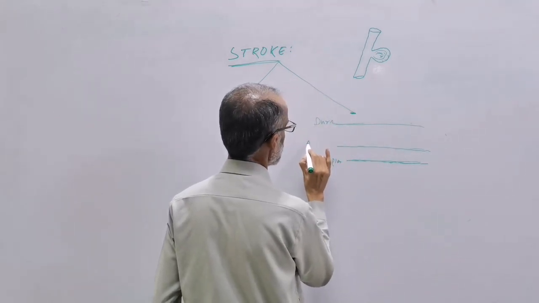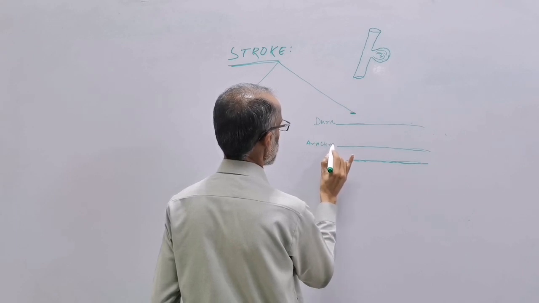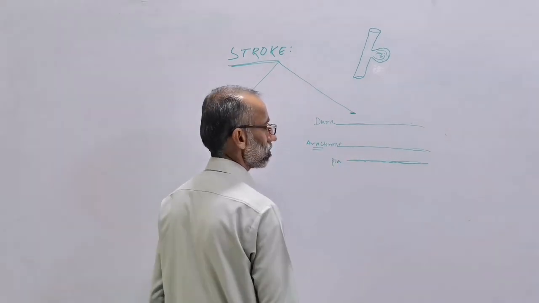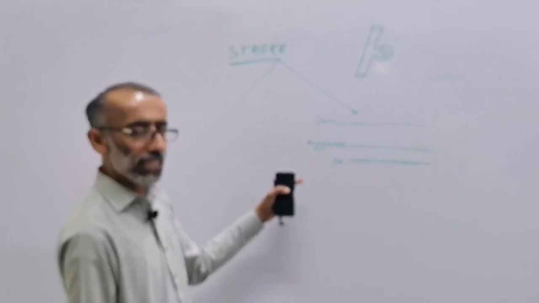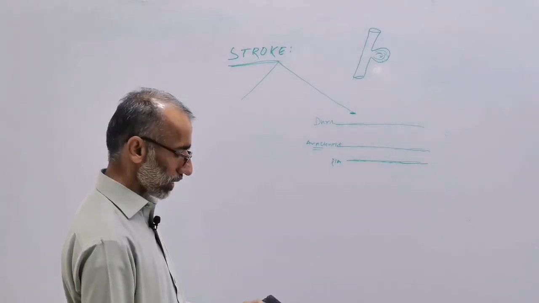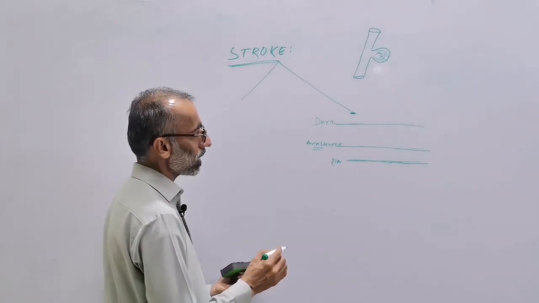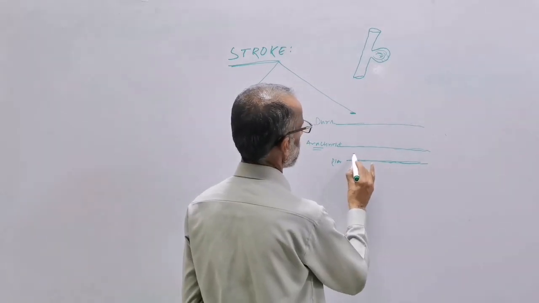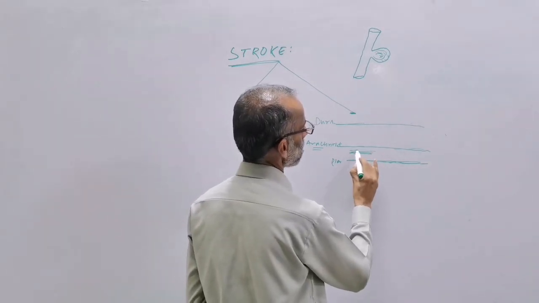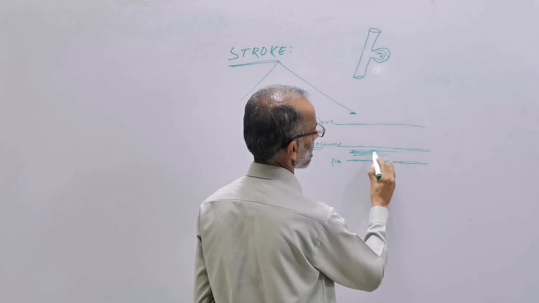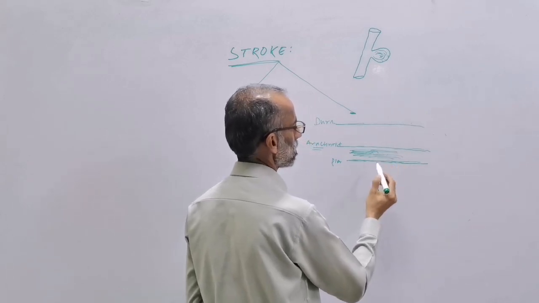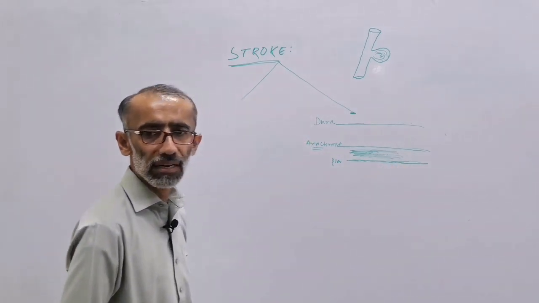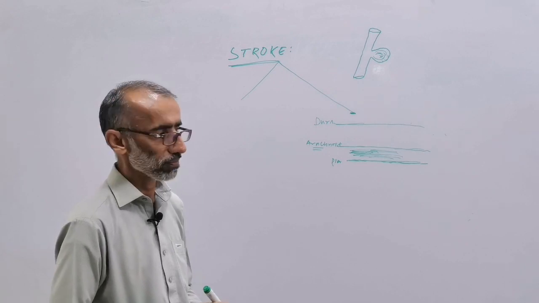In subarachnoid hemorrhage, there will be accumulation of blood in the subarachnoid space, so it is called subarachnoid hemorrhage.